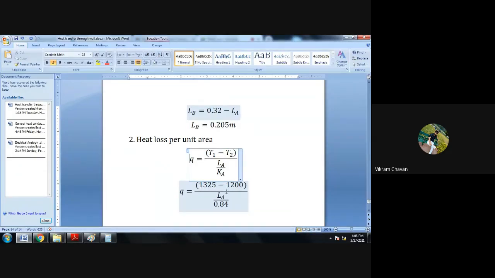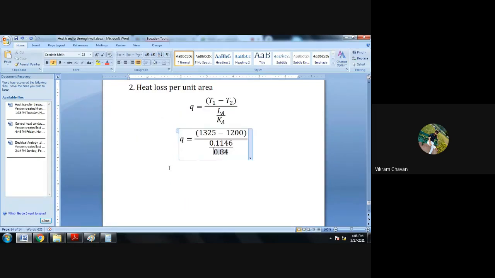Here the unknown quantity was L suffix A, and that also we have determined, equal to 0.1145. Now calculate Q, the heat transfer rate per unit area, or heat loss per unit area. Is there any other opinion?